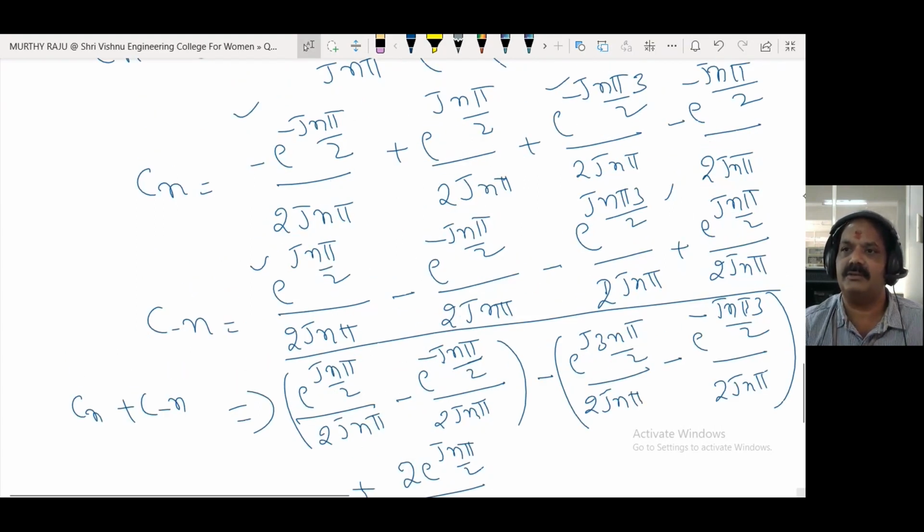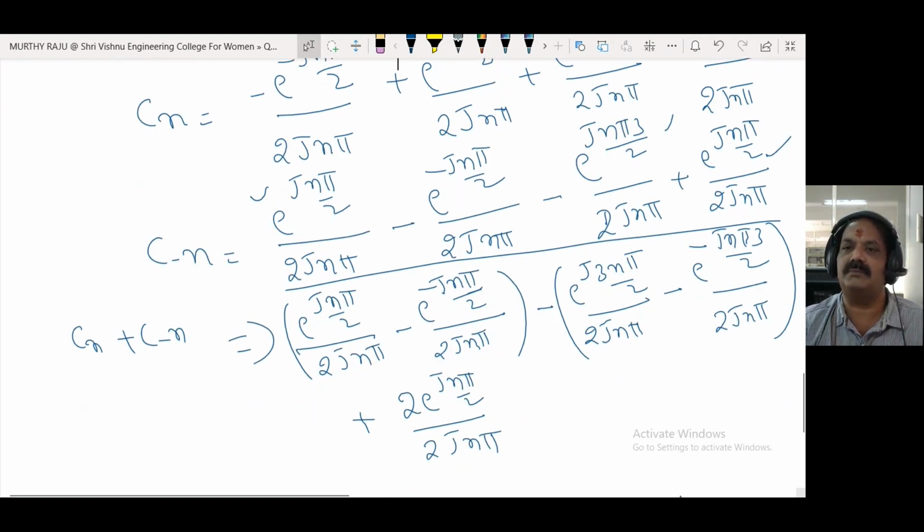And similarly, minus e power minus j n pi by 2 by 2j n pi, minus 2 times, minus 2 into e power minus j n pi by 2 by 2j. This one 2 to cancel.